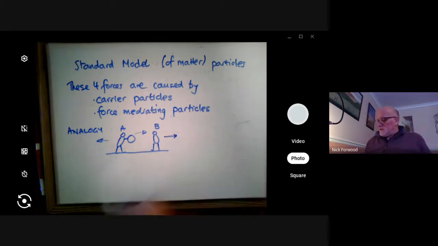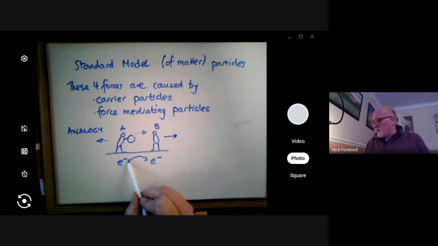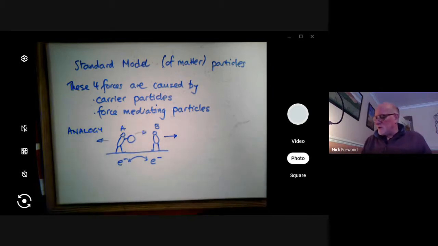So I want you to think of something like the electromagnetic force of two electrons is actually caused by a particle being thrown from one electron to the other and then possibly being thrown back again. And that would cause the people to get further and further and further apart.